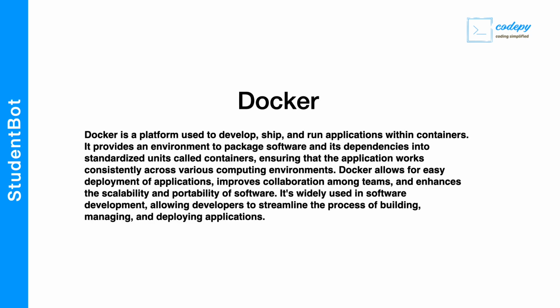Docker. Docker is a platform used to develop, ship and run applications within containers. It provides an environment to package software and its dependencies into standardized units called containers, ensuring that the application works consistently across various computing environments.